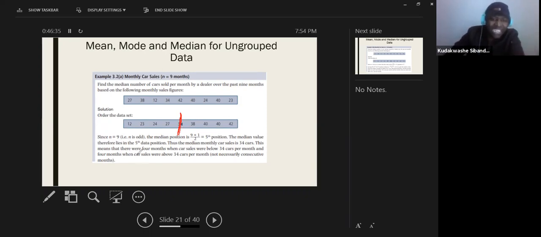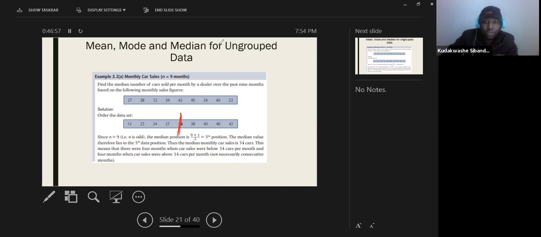This means that there were 4 months where car sales were below 34 cars per month. So when you're interpreting the median based on this question, you are saying there are 34 cars, and there were 4 months where car sales were below 34, which is this part here.